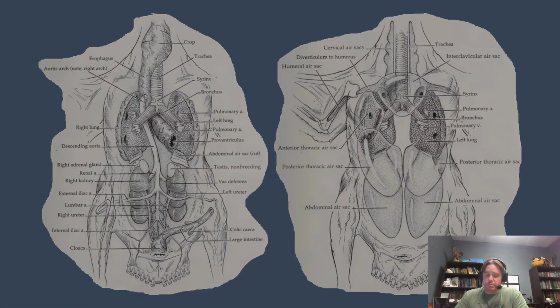So those are some of the most significant air sacs. And as you see, they're laid out throughout the entire body cavity. These air sacs are inflatable. They can fill up and pump air. They're like very transparent balloons, essentially, inside of the bird's body.